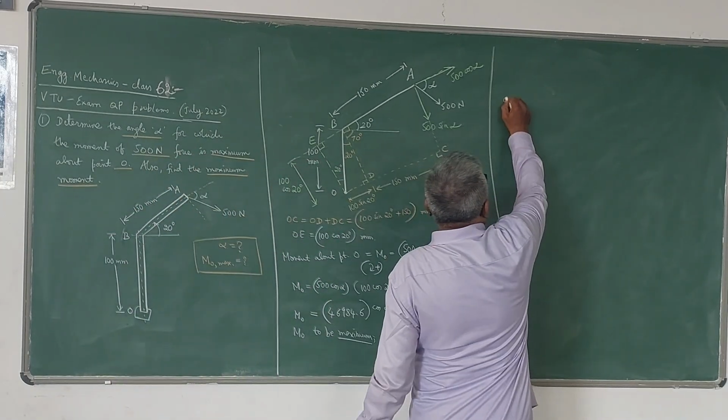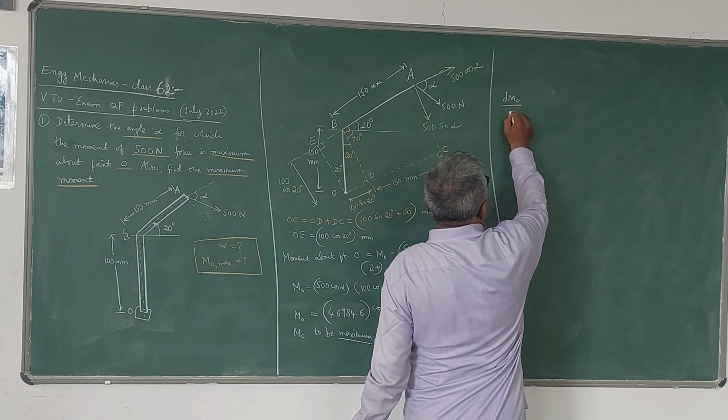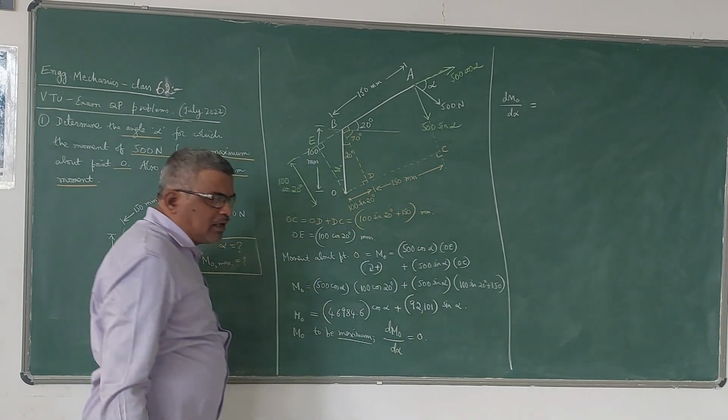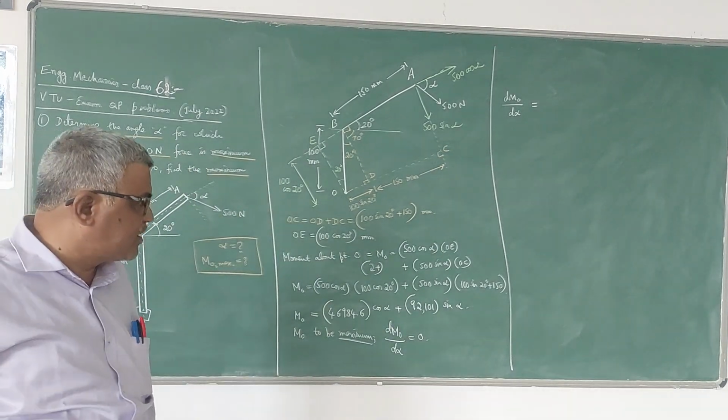So let me write dMO by d alpha. We know that the derivative of sin alpha is cos alpha and the derivative of cos alpha is minus sin alpha.